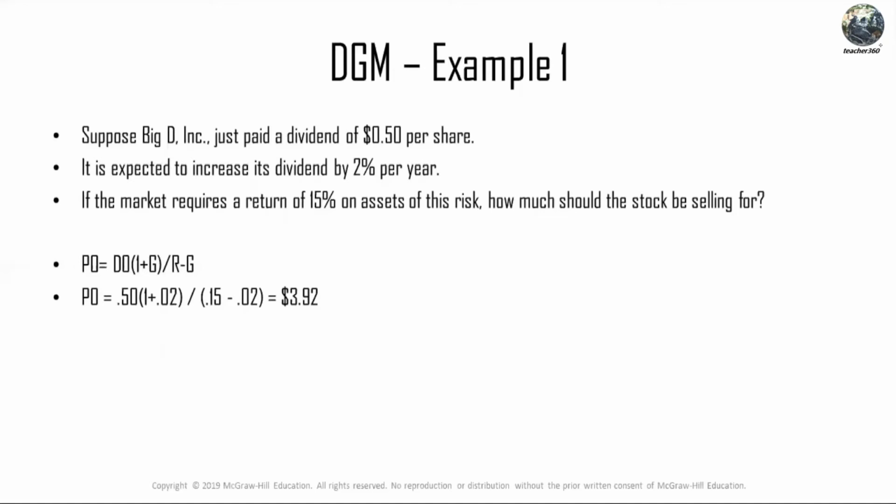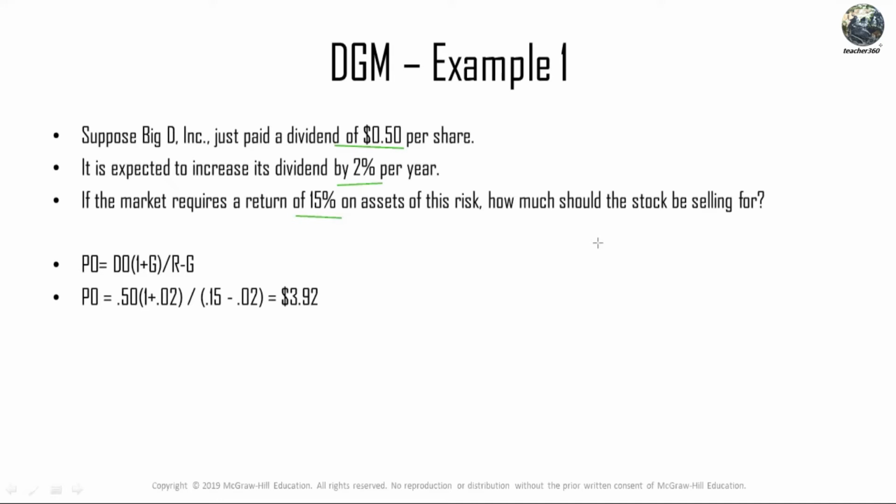So here the company just paid a dividend of $0.50, and it will be increased by 2% every year. Required return is 15%. So what is the price of the stock?